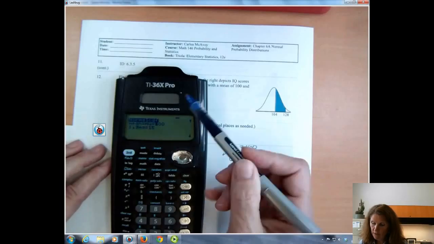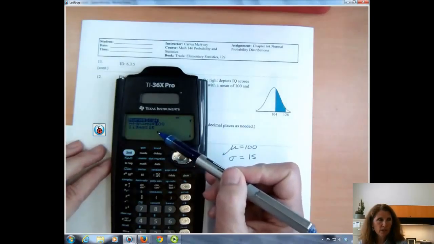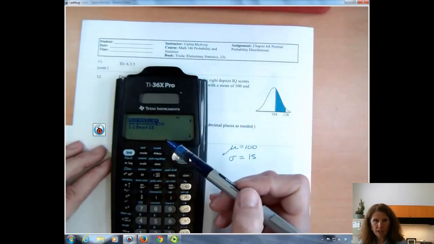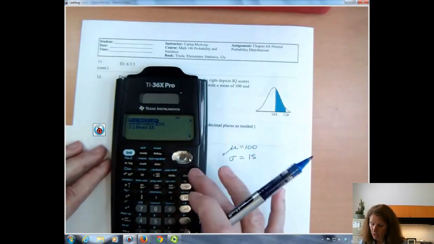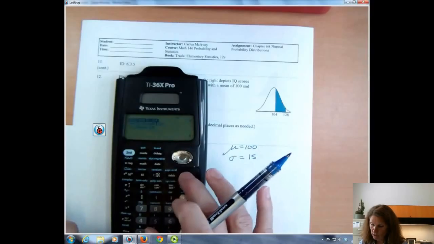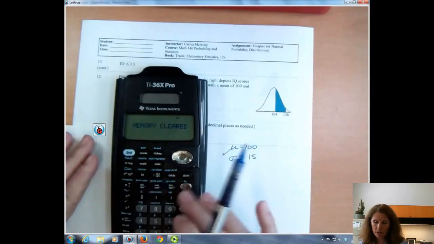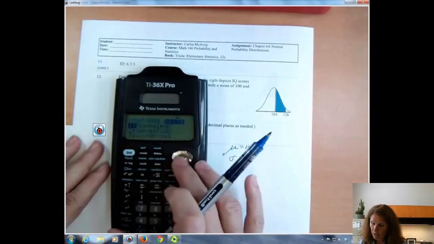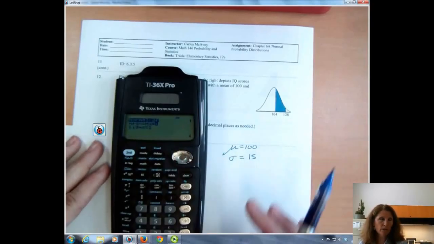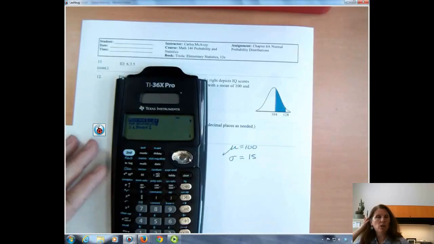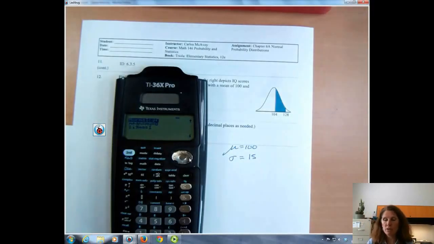So you see how this is 115? That can mess you up if you don't check it, because it doesn't revert back to 0 and 1 unless you do this. Unless you do on, clear, clear, and memory is cleared. Then when you go into data, it automatically assumes that you're talking about 0 and 1. So just be careful that you don't leave your data in there from previous sets, right?